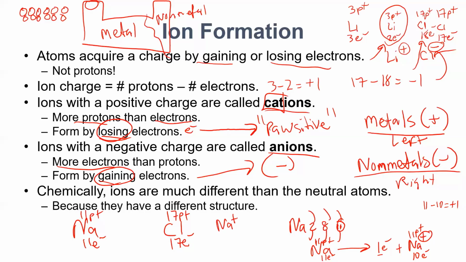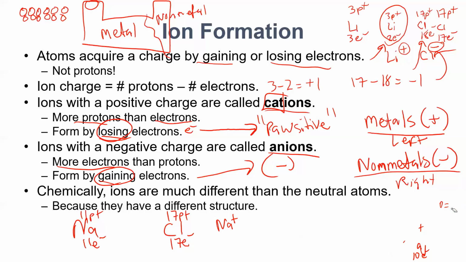and now with chlorine, right, if we look at chlorine, again, it wants to be like a noble gas. And if you look, who's chlorine next to on the periodic table? Chlorine is next to argon. So chlorine has 17 protons, 17 electrons.